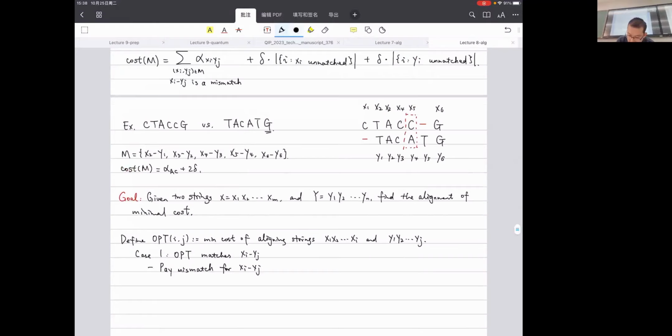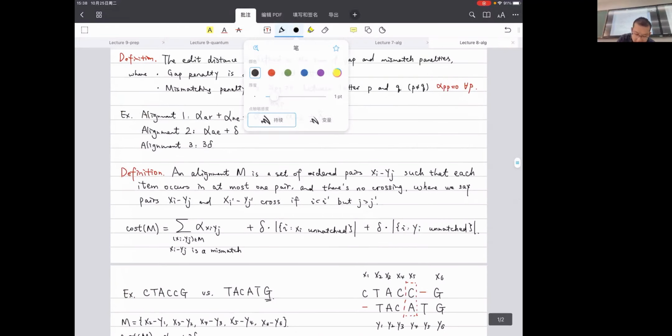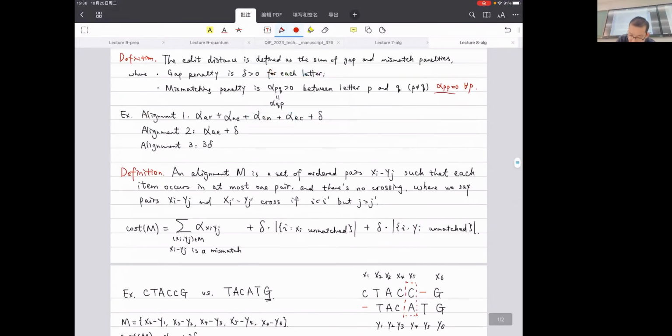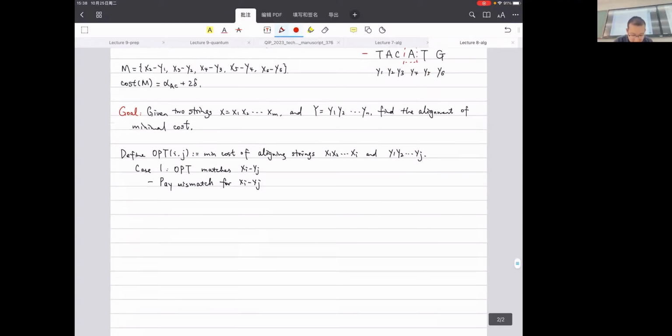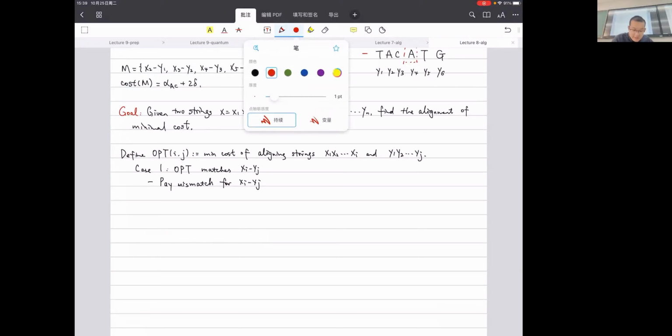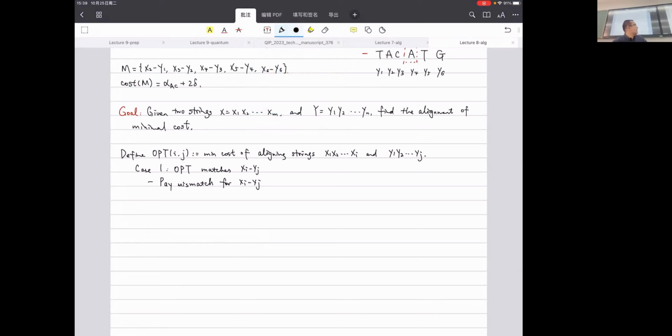As I just mentioned, to make our life easy, if the 2 letters are the same, we can always pay a penalty of 0. If they are the same, you just pay a penalty of 0, which is good. But if they are different, you pay the corresponding value alpha xi yj.